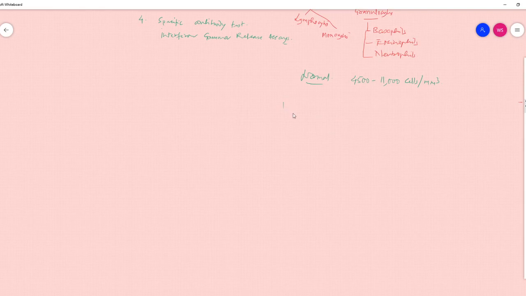Right? So if we do microscopy and we try to count the WBCs, in case of bacterial infections, when we count the WBCs, we can observe immature cells and mature cells.